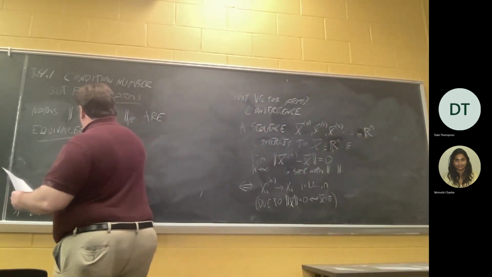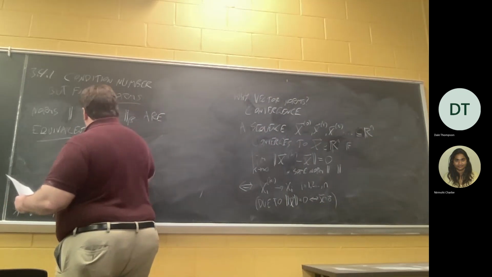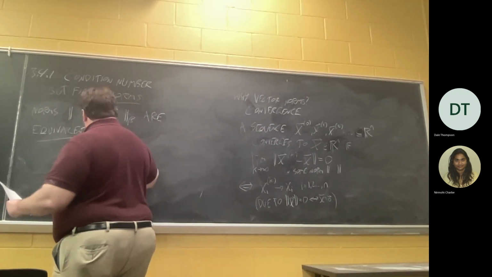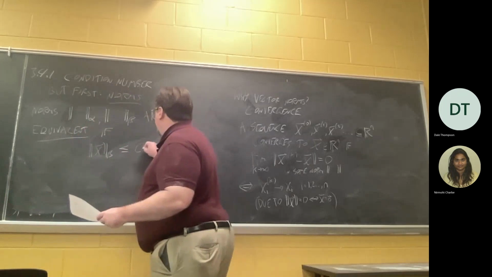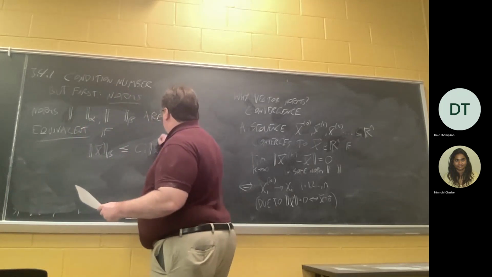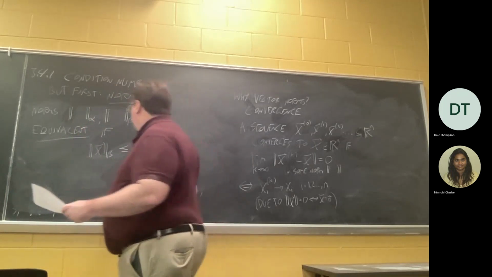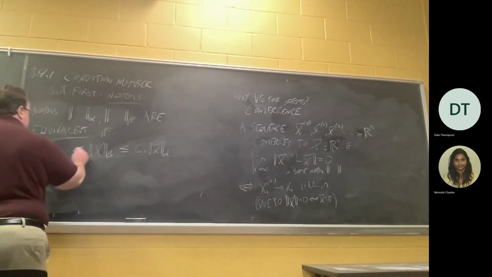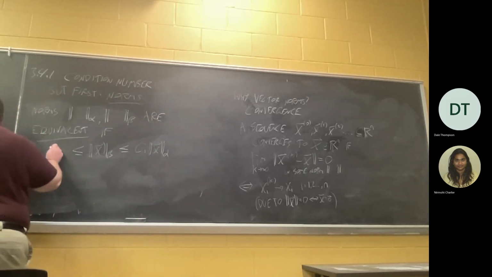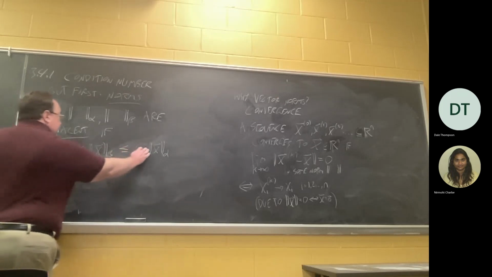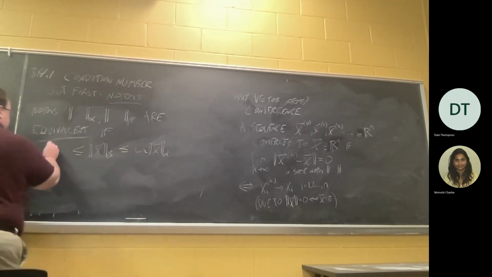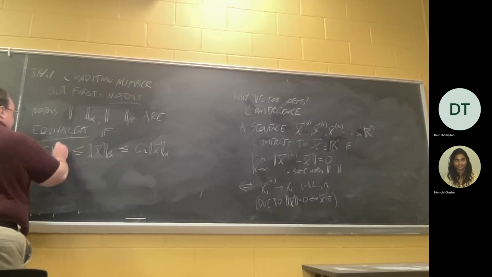So the beta norm of x must be bounded above by some constant C2 times the alpha norm of x, and bounded from below by some other constant C1 times the alpha norm of x.